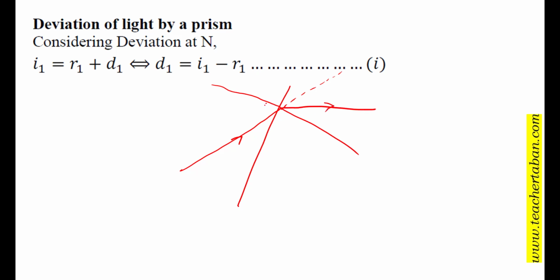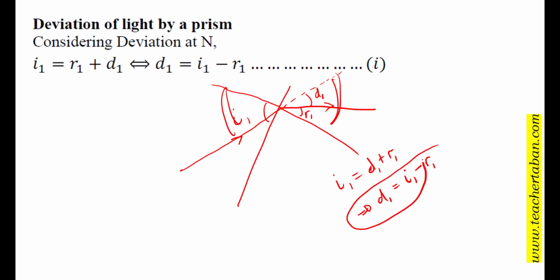So it was going like this. This was our angle I1, this was our angle R1, and this is our angle D1, the angle of deviation. From this you can see that this angle is vertically opposite to this, so the two are equal. So I1 being equal to D1 plus R1, it implies that D1 is equal to I1 minus R1. And this is my equation 1.